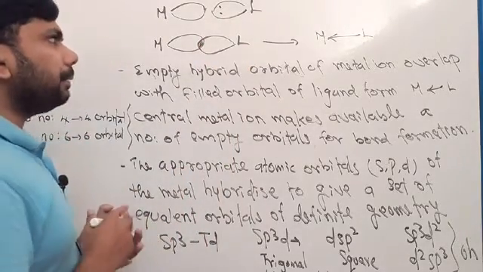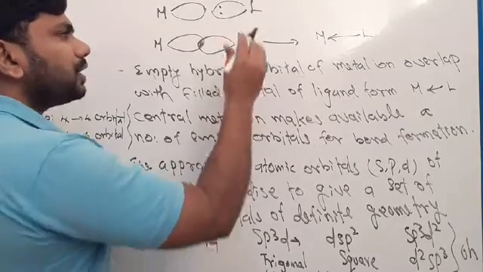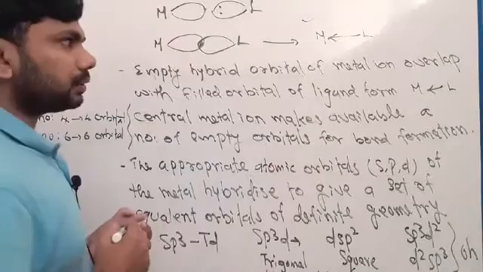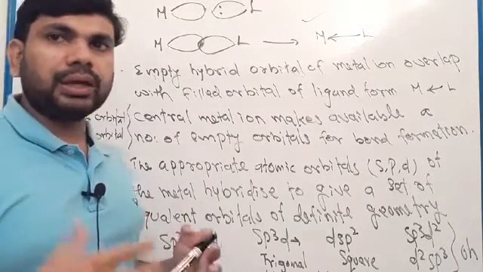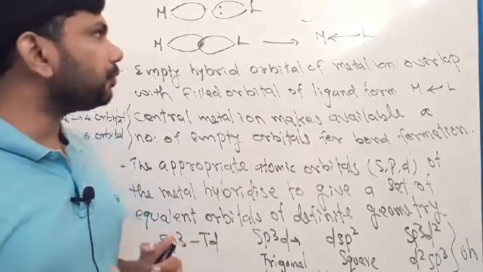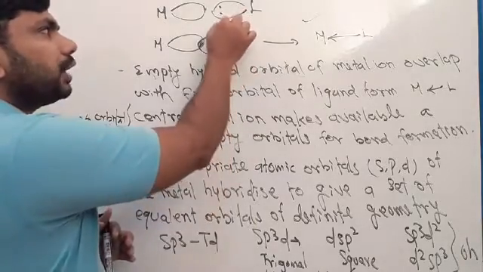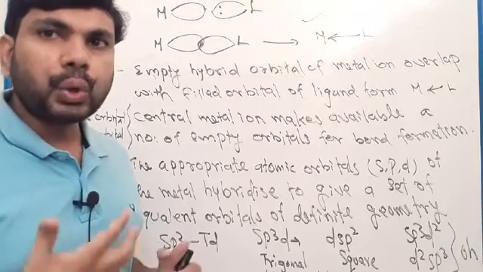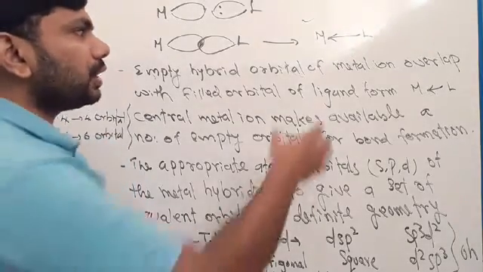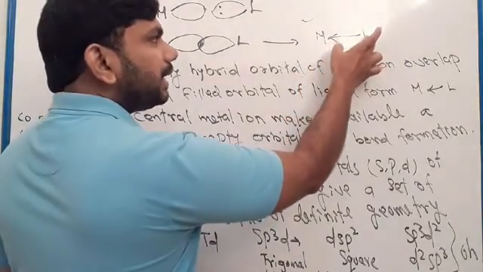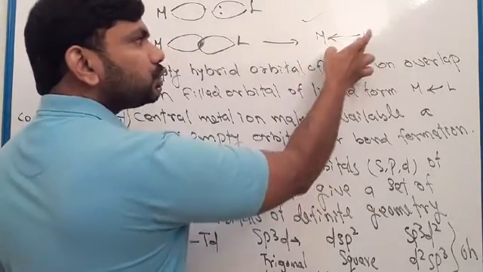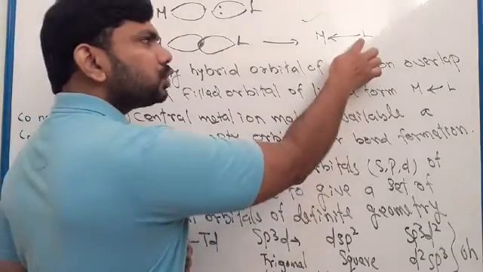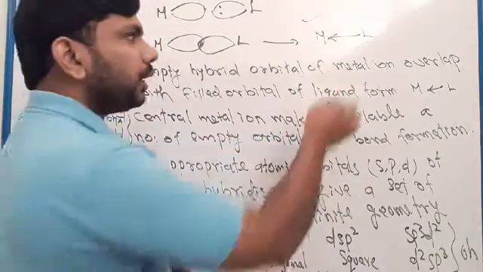After hybridization, one type of bond is formed, and we know this is a coordinate bond. We learned the coordinate bond before. The electron pair is donated to the empty orbital, forming a coordinate bond. So this represents the ligand to metal coordinate bond, with the electron pair donated from ligand to metal.